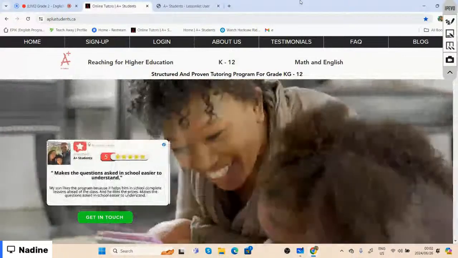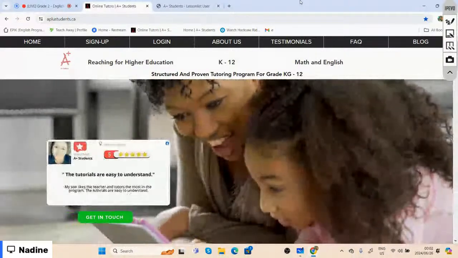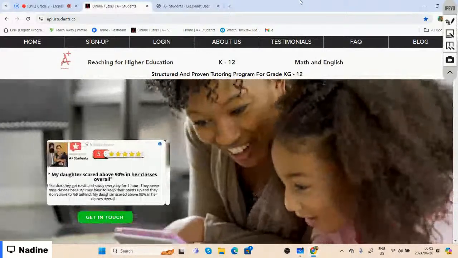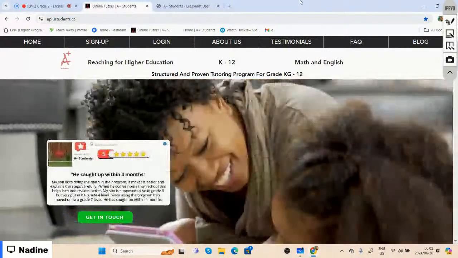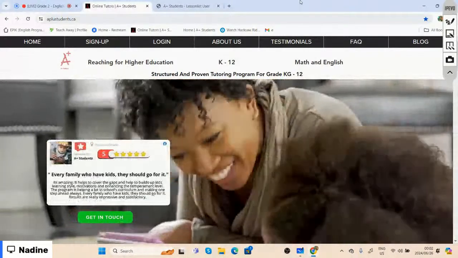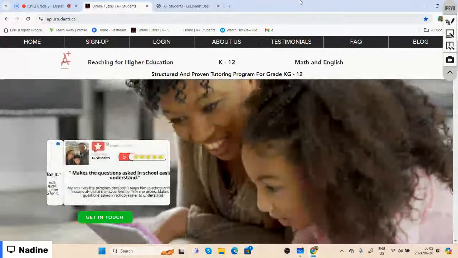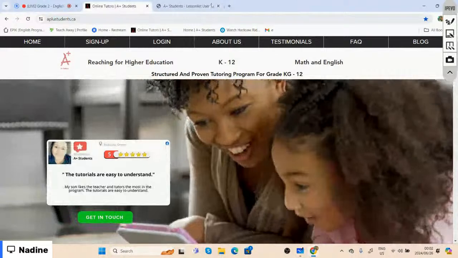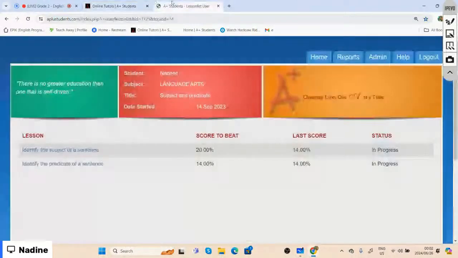Once you've logged on to aplusstudents.ca with our username as well as our password, we're going to select the subject of English Language Arts, grade 2, and then we're going to scroll down until we get to the chapter of subject and predicate.